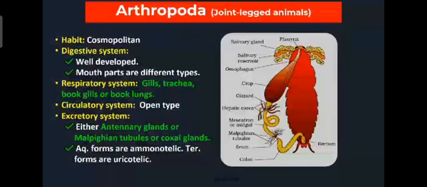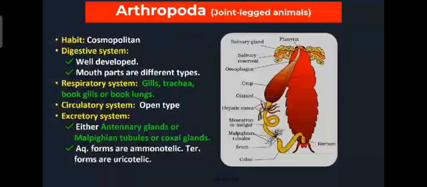Have you seen the blood in cockroaches? That white color substance you must have observed is the blood of the cockroach, called hemolymph. It does not flow through blood vessels. It flows directly, bathing the different organs in the body. So it is called the open type of circulatory system.